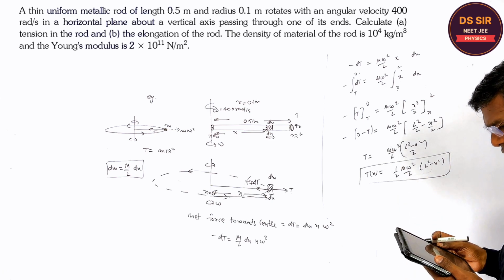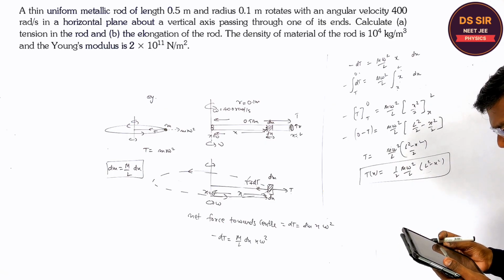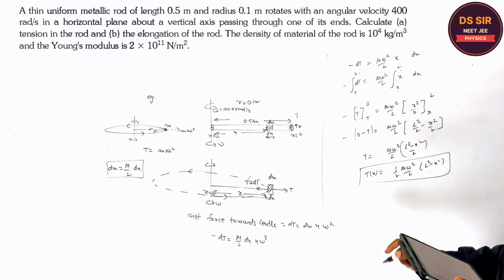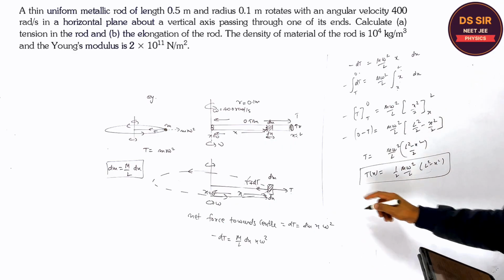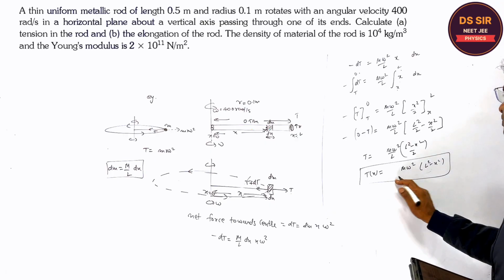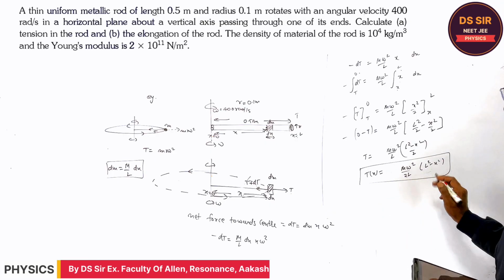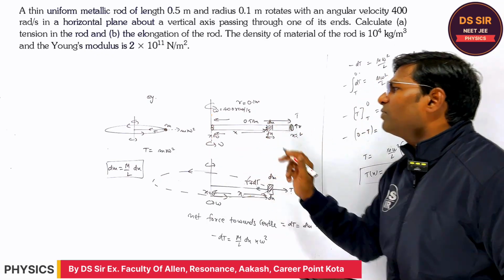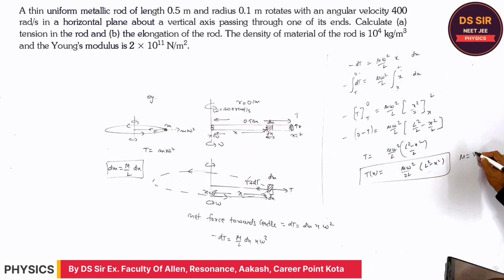And what is given in the question? The radius, the length of the rod; mass is not given, and the density of the material is given. Although this is the formula for the tension in the rod as a function of x, in place of mass, because the mass of the rod is not given, we use volume into density, area into length L into density.